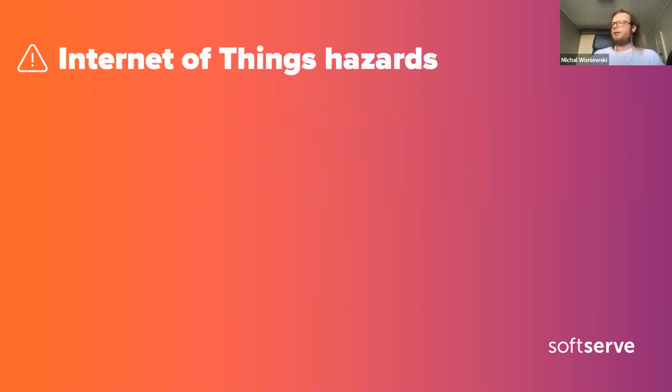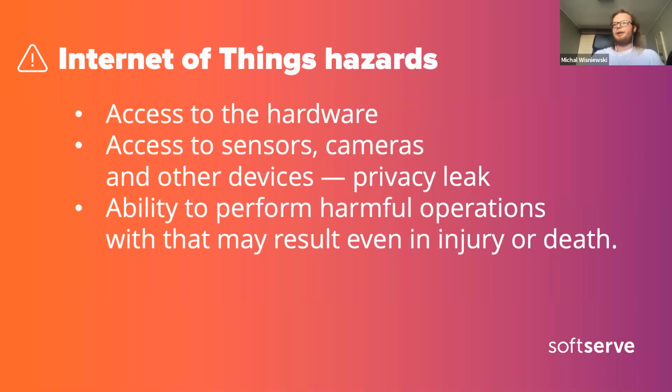The biggest issue is when the attack is on an Internet of Things device, because then the hacker may have access to the hardware part of it. So to the sensors, cameras, other recording devices. So it's a big privacy leak.